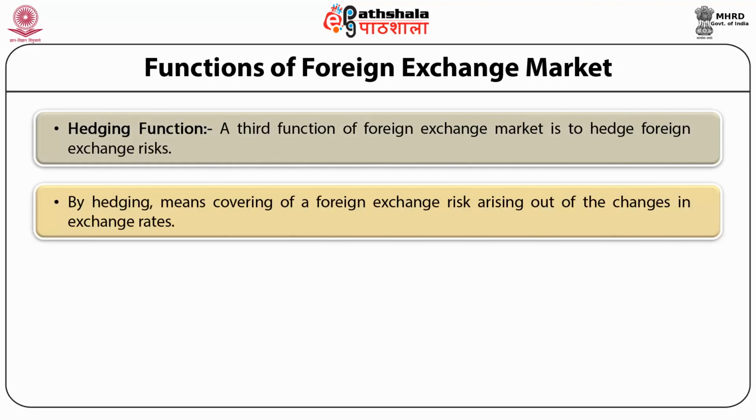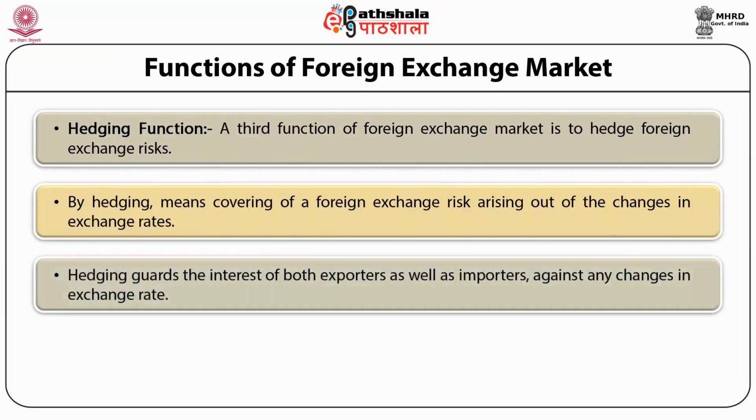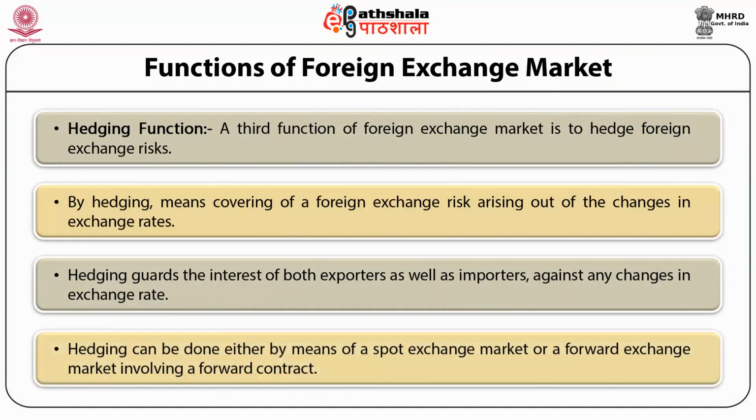Under this function, the foreign exchange market tries to protect the interest of the persons dealing in the market from any unforeseen changes in the exchange rate. Hedging guards the interest of both exporters as well as importers against any changes in the exchange rate. Hedging can be done either by means of spot exchange market or a forward exchange market involving a forward contract.